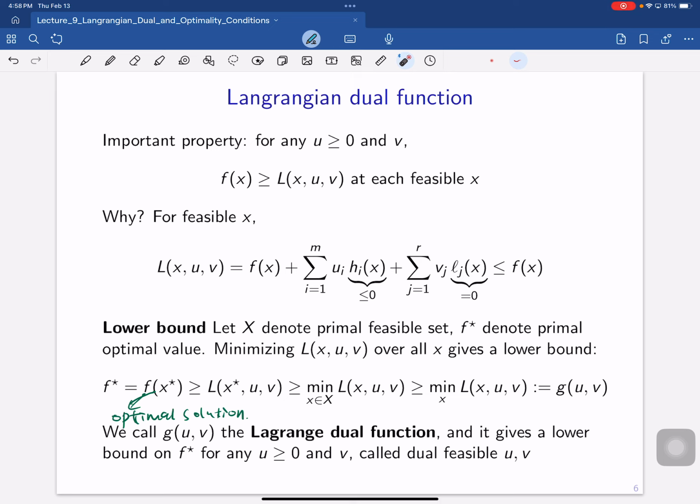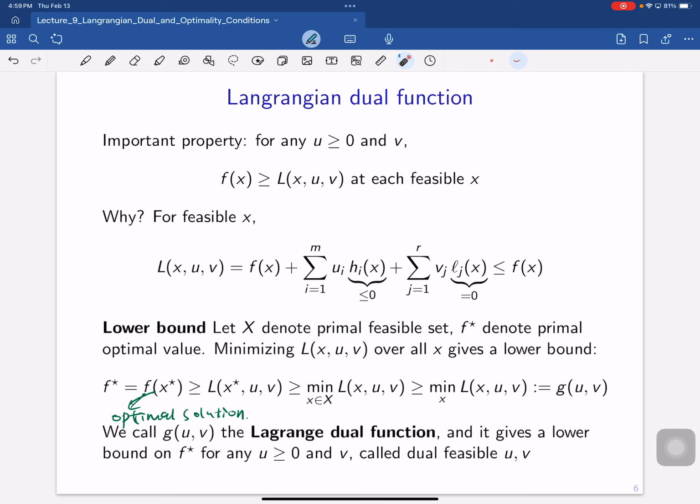Yeah, exactly. This x star you pick is the optimal solution of the original problem. X star is just one feasible solution, optimal for the original problem. But here we are taking the minimum over all the feasible solutions. So that's why it has to be greater.